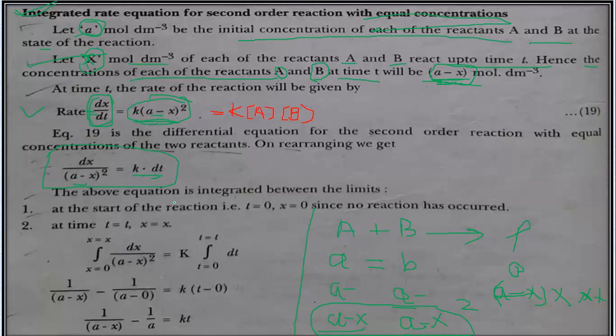Okay, so initially when time is 0, what will be the concentration of x, the product? It's 0, it is not formed, right? Now after time t, how much x is formed? We are saying that x amount is formed. After some time x has formed. Okay, now we know two reactants are there.